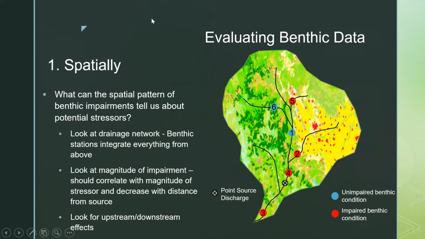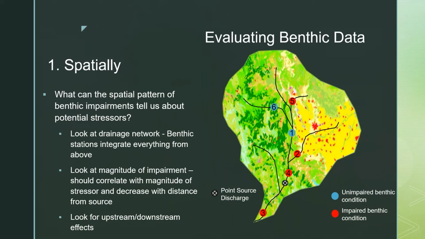All right, so now what can the spatial analysis tell us about potential stressors? Well, first we have to look at the network, right? And keep in mind that Benthic stations integrate everything from upstream. Second thing we need to look at is the magnitude of impairment, okay? The magnitude of the impairment, meaning how low is the Visky score, that should correlate with the strength of the stressor at that location, right?